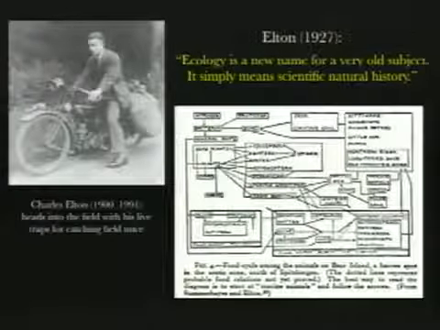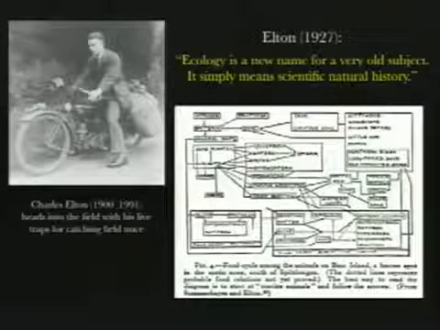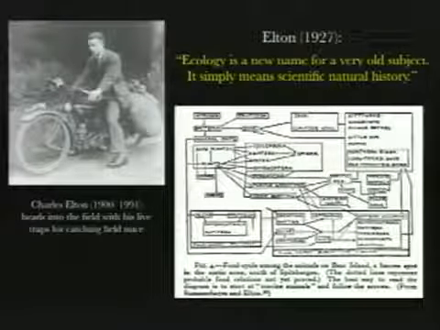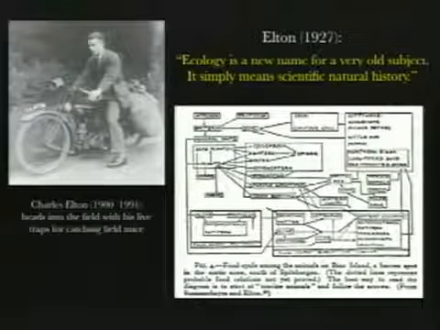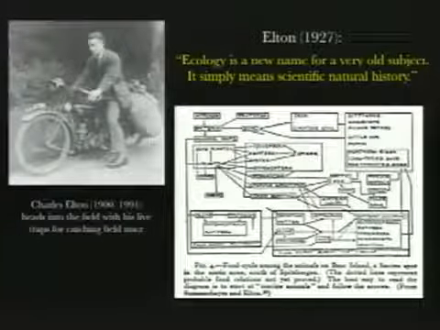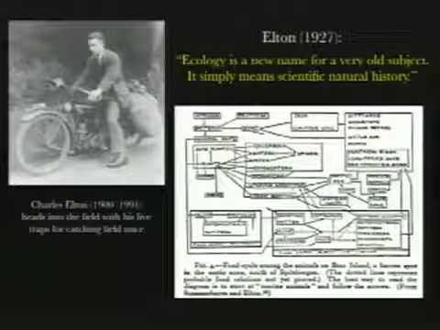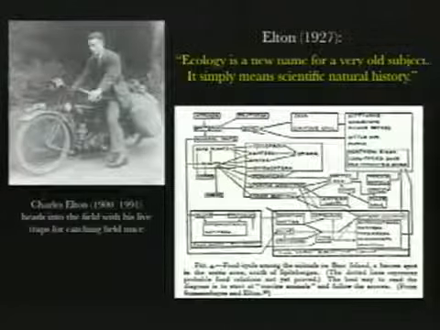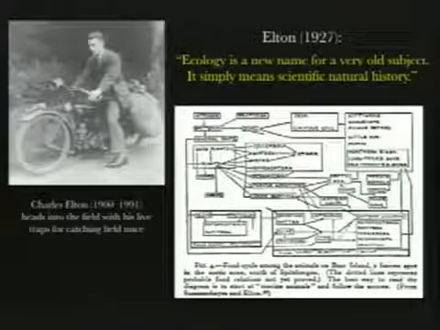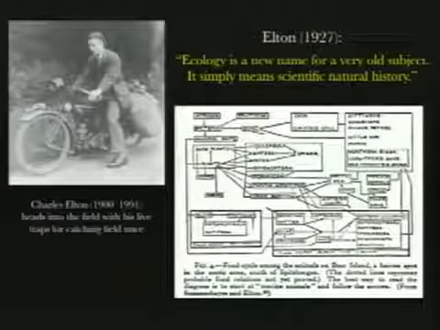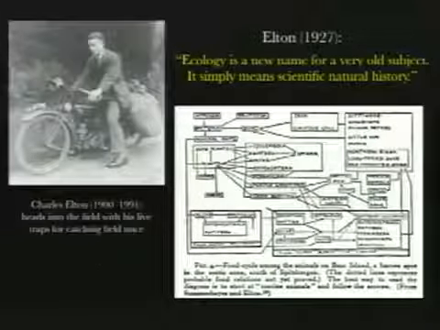Charles Elton was a very clear-thinking field ecologist from this early period. Here he is. He was at Oxford. There he is going off on his motorbike with a bunch of live traps to study mice, setting off for the field. But he did very extensive work in the Arctic, in the far north.